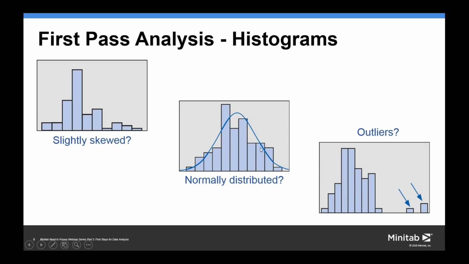Alternatively, we might be interested to know if our data fits a particular model, maybe the normal distribution or a different model. And in this case, Minitab has put a normal curve on that histogram to help us decide. And then down in the right-hand side here, it can also help you spot outliers very clearly, because they show up clearly on a histogram. The scale of the histogram needs to be expanded to include them.